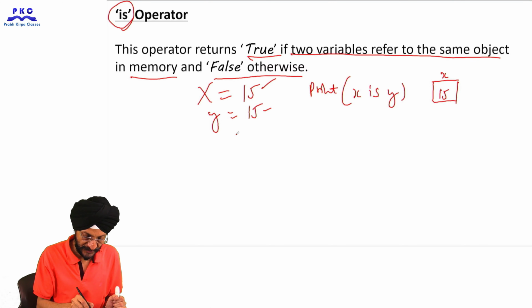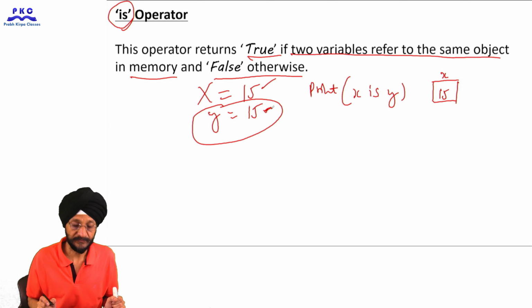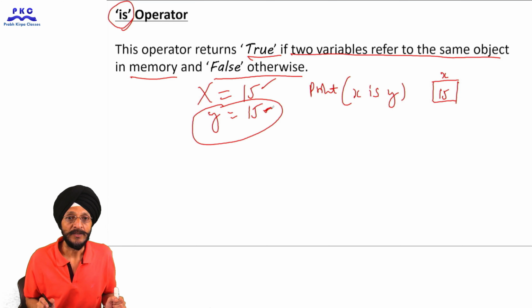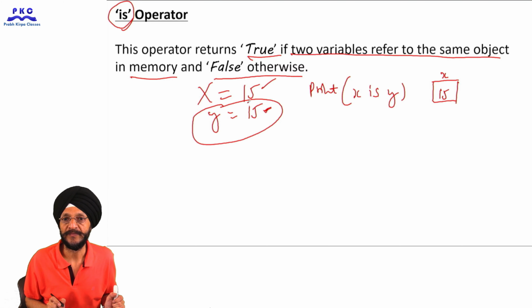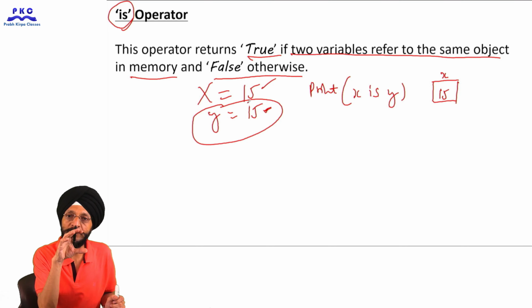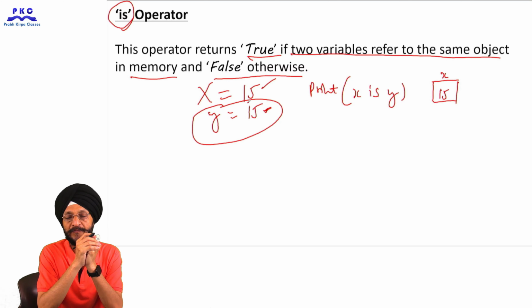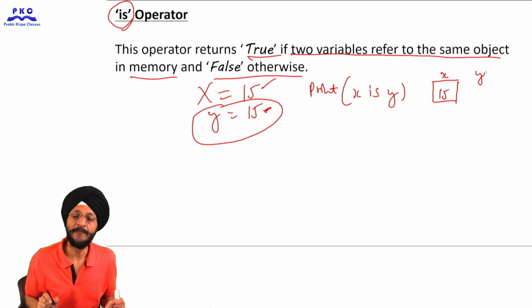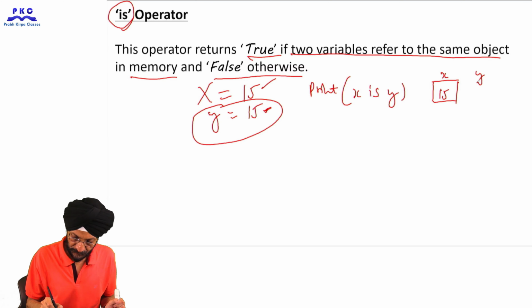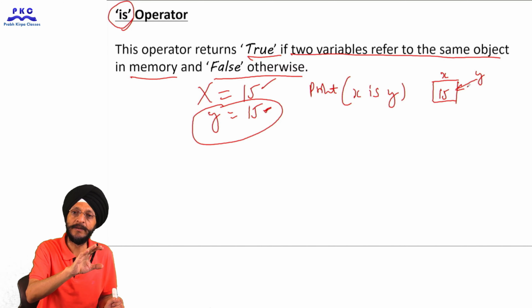And when we create another variable y is equal to 15, now this 15 is also an object. It is having the same value and same data type. Now, this is the variable y, and now the y will also refer to the same object in memory.